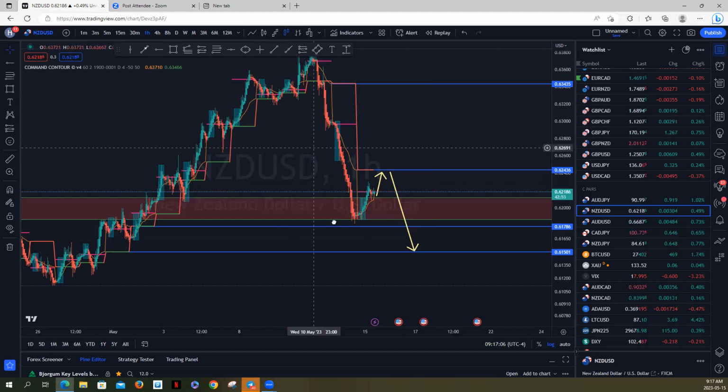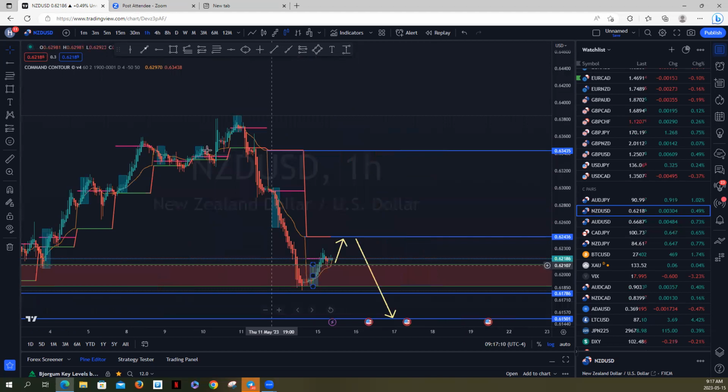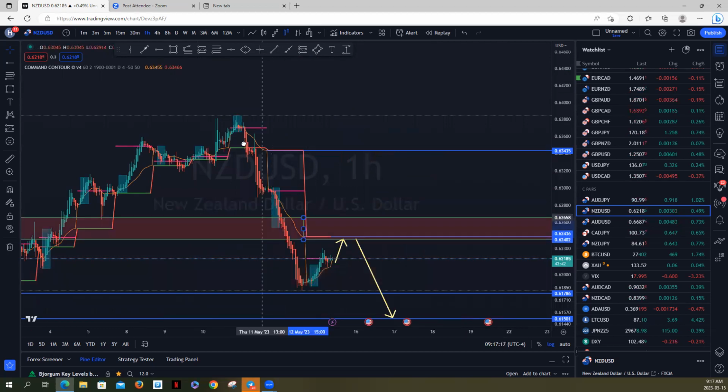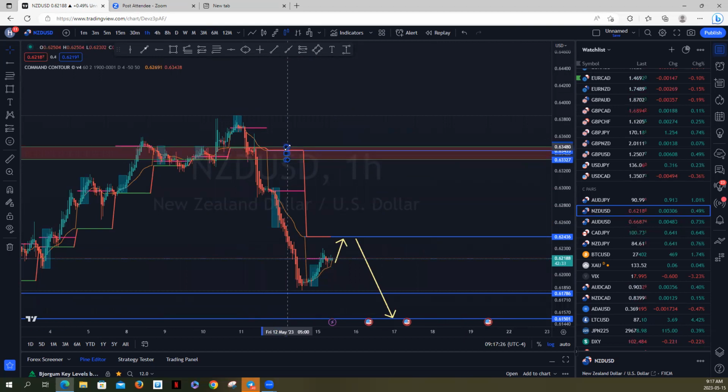For example, if you look at NZD USD, say you were in for the buy. Get rid of this. You're in for the buy. And always be mindful of these levels.